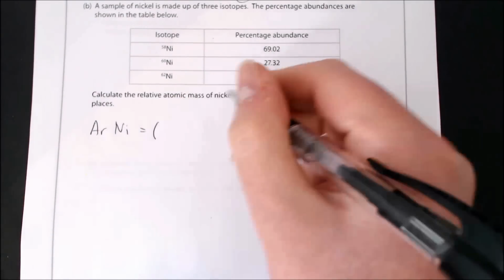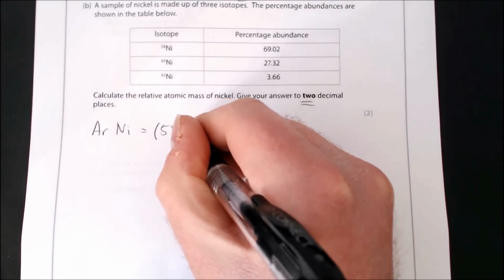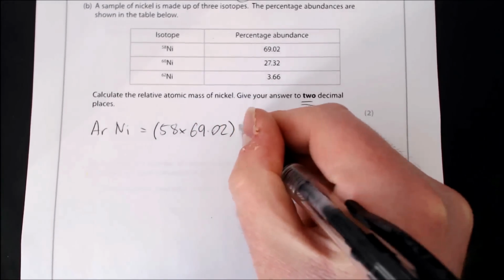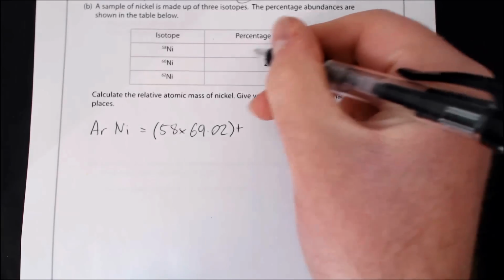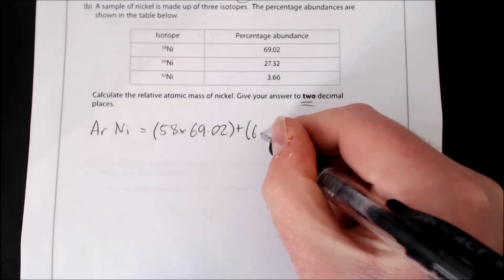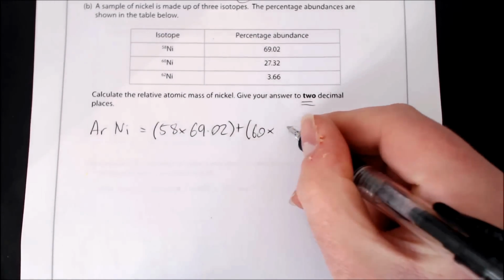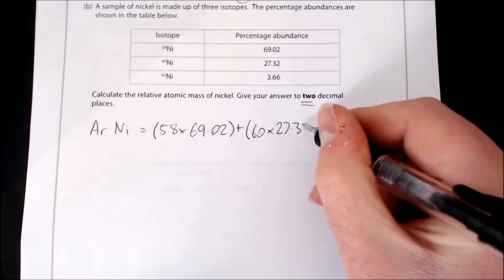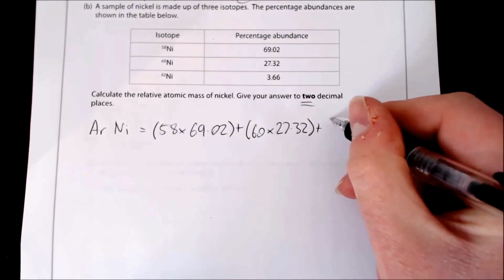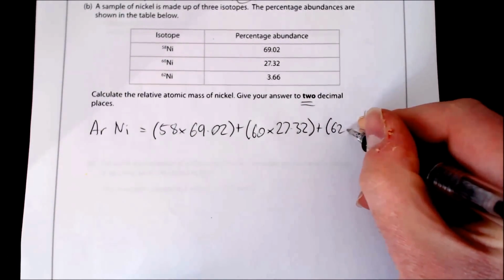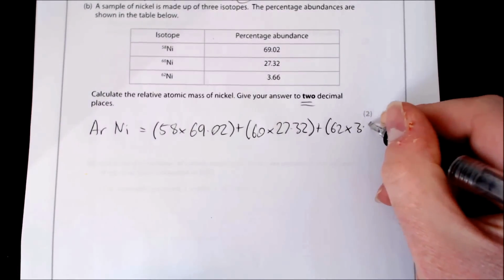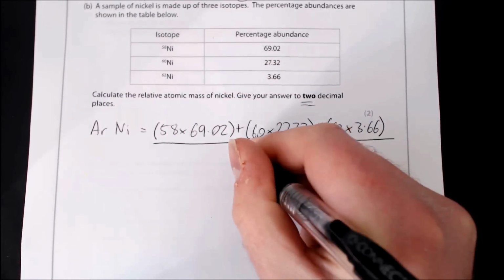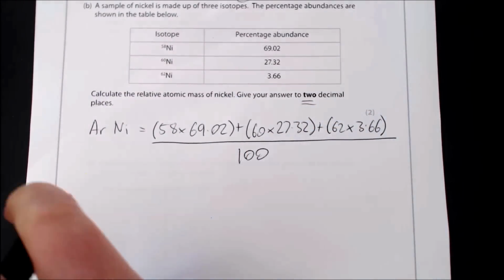So let's start with the first one, which is 58 times by 69.02, add 60 times by 27.32, add 62 times by 3.66. And then divide the whole lot by 100 because it says a percentage.